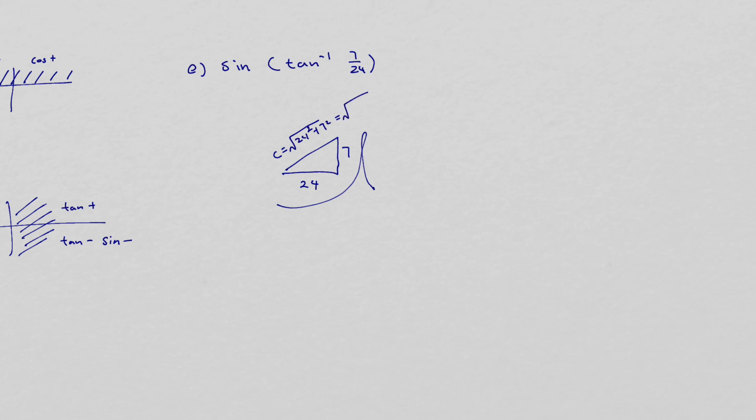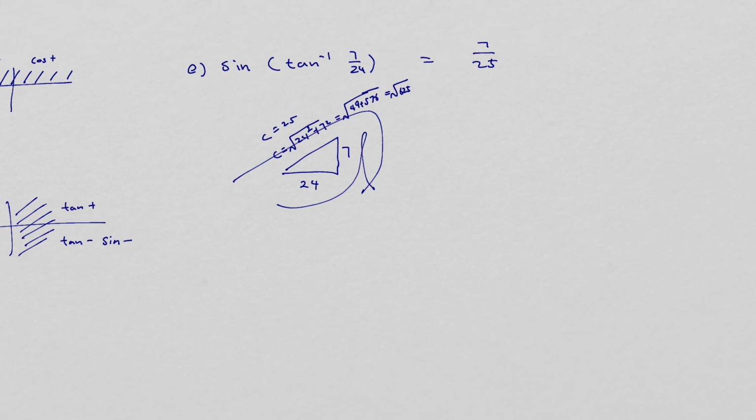That gives you a pretty large number, 49 plus 576. That gives you square root of 625, which is 25. And if we wanted to find the sine of that, it will be 7 over 25. So that's how we find the value of it.